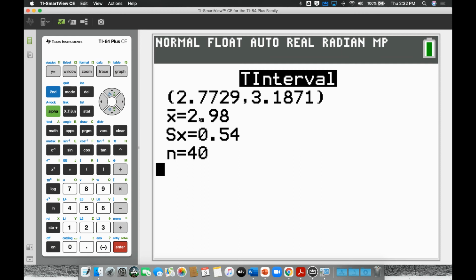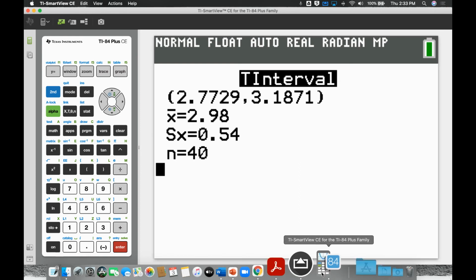Okay, so our interval goes from 2.7729, so a high C, C plus average, to 3.1871, which is a low B. Based off our point estimate was 2.98, our standard deviation for our sample was 0.54, and our sample size was 40.